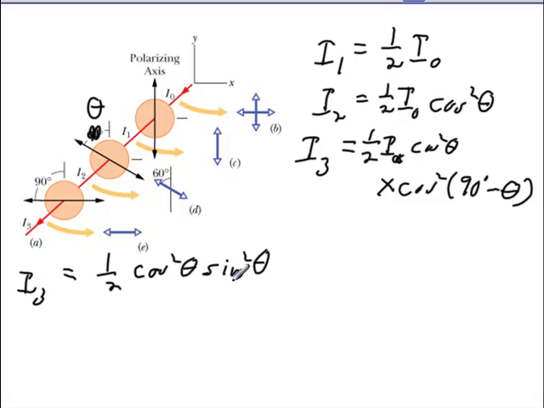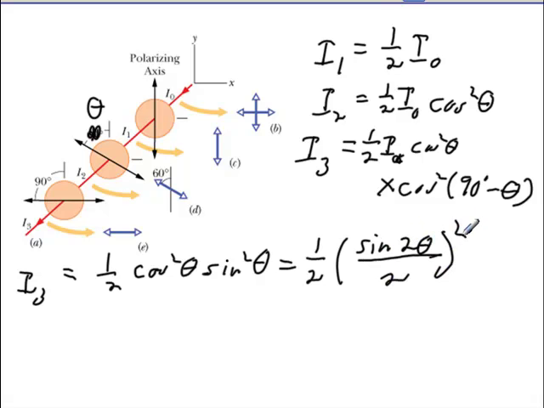Cosine times sine is just 1/2 of sine of 2 theta. So this is 1/2 of sine 2 theta over 2 squared. And what I'm left with is 1/8 of the sine squared of 2 theta.